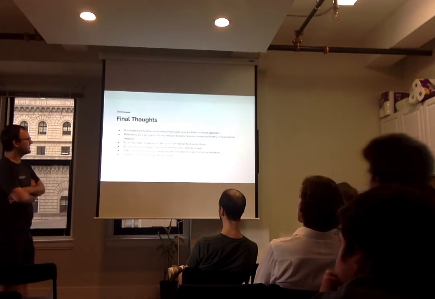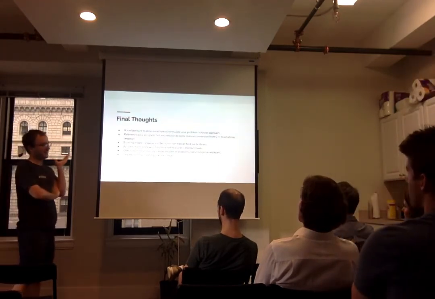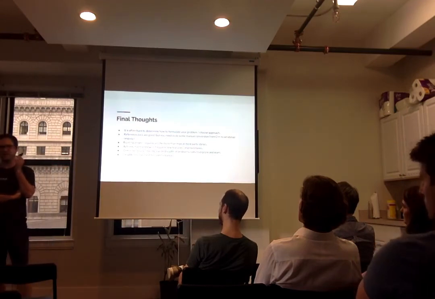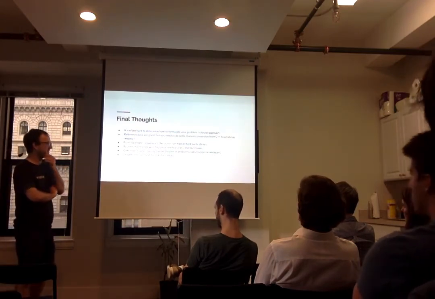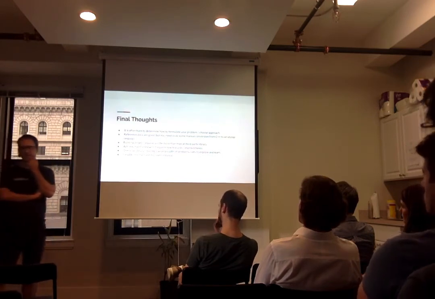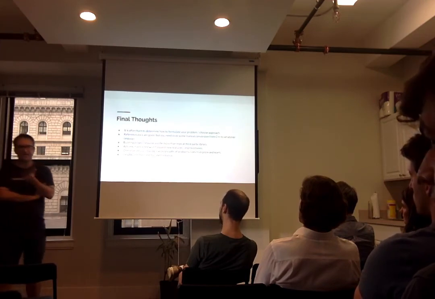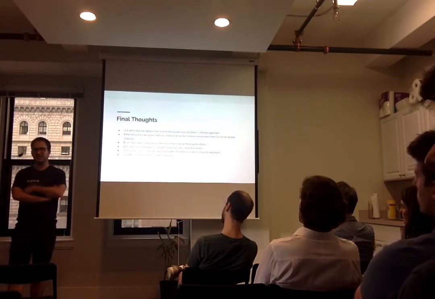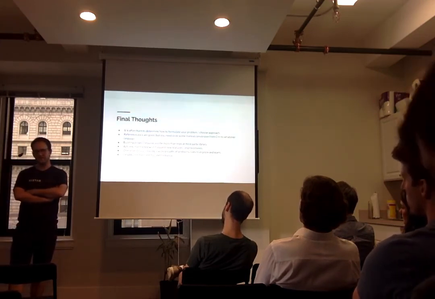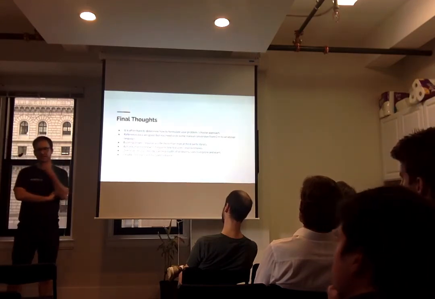Some final thoughts. One important thing I would say about these combinatorial optimization problems is that sometimes it's really difficult to formulate your problem and choose the way that you want to go about solving it. So, for example, max flow, you could formulate that problem as an integer programming or linear programming problem, like the example that I did before.